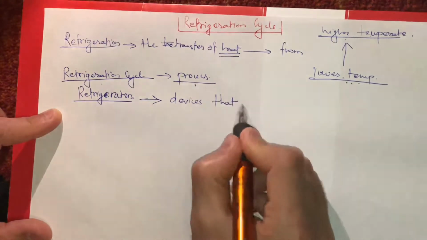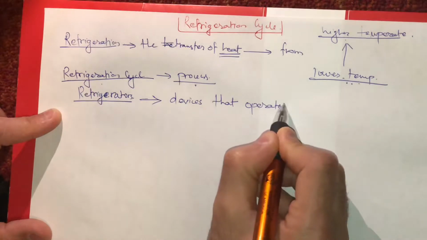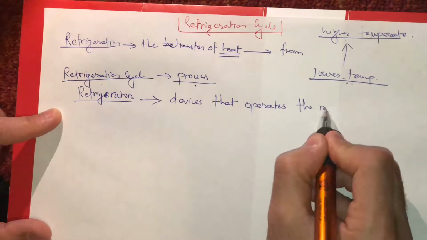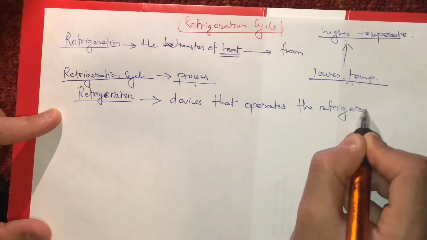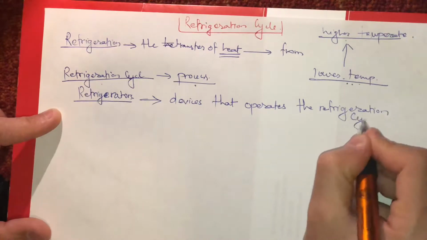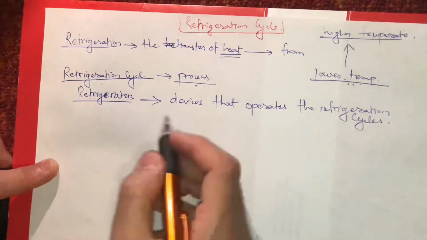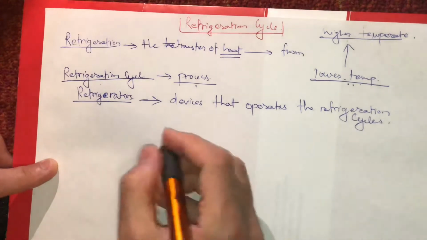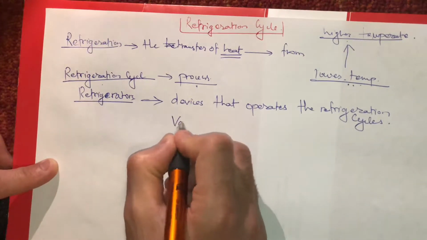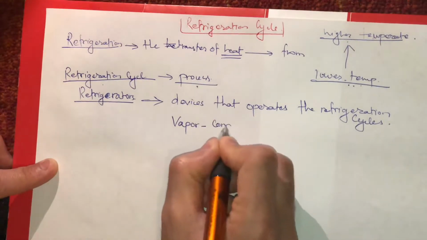Refrigerators are the devices that operate refrigeration cycles. The most commonly used refrigeration cycle is the vapor condensation cycle.